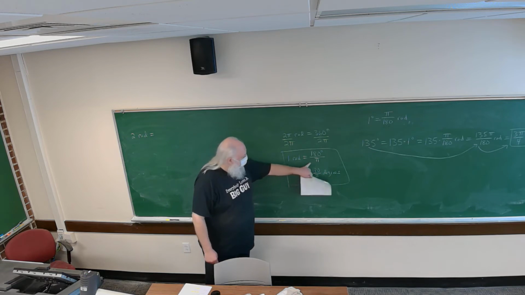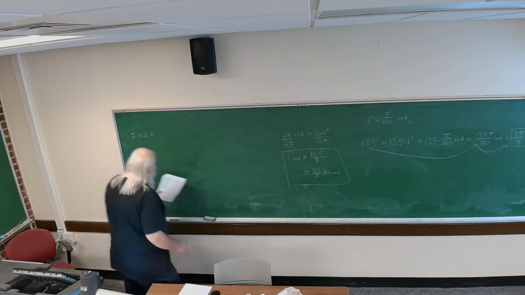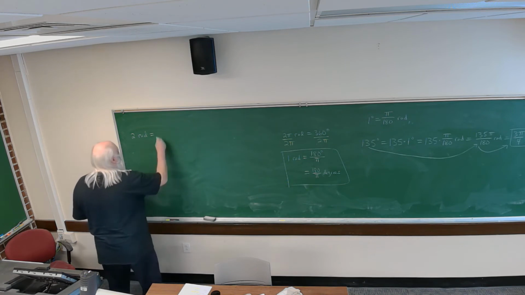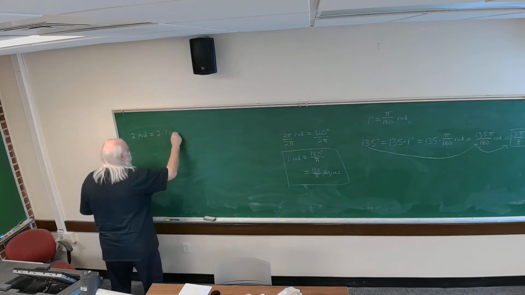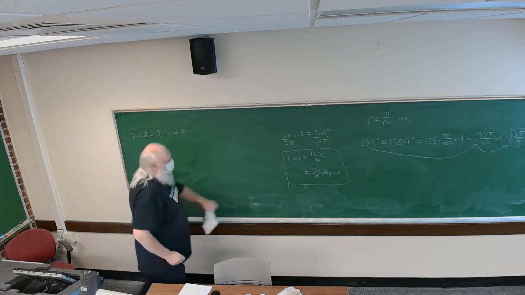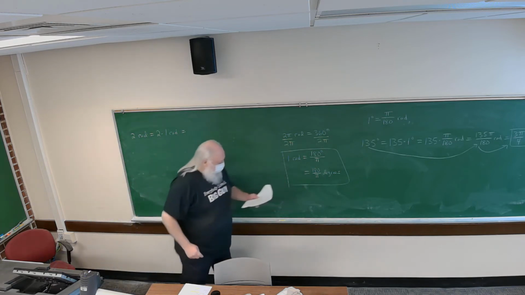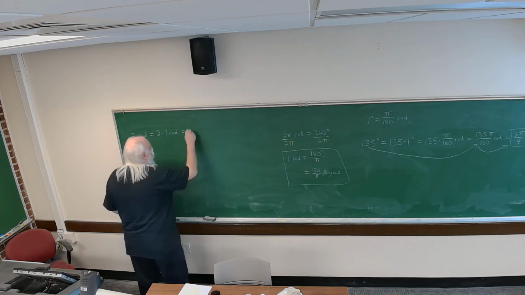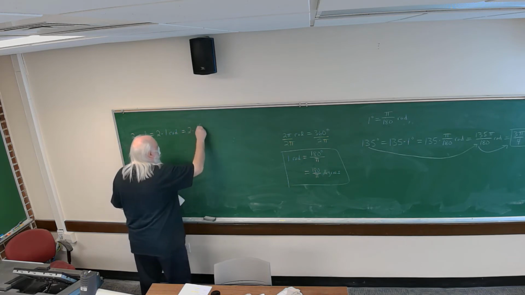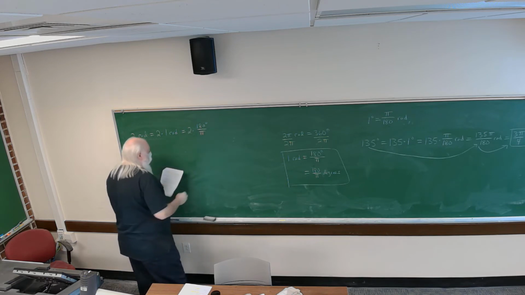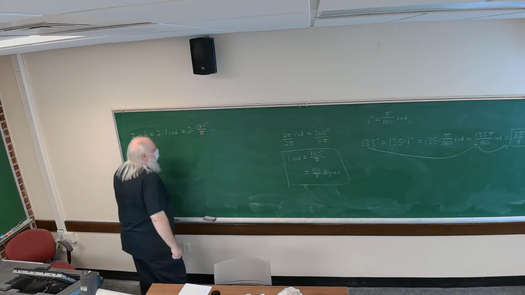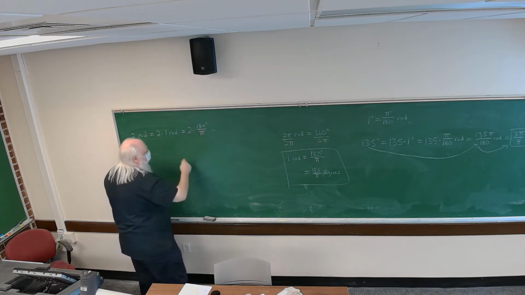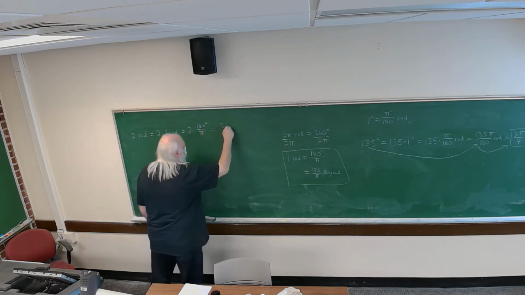And we'll get 2 radians is equal to 2 times 1 radian, right, which is equal to 2 times 180 degrees over pi. 2 times 180 is 360.